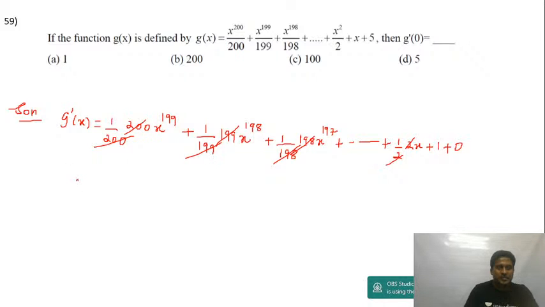Now g dash of 0: in place of x you substitute 0, and wherever x is there, you get all zeros. Left out is only 1, so the answer will be equal to 1. That is option A.